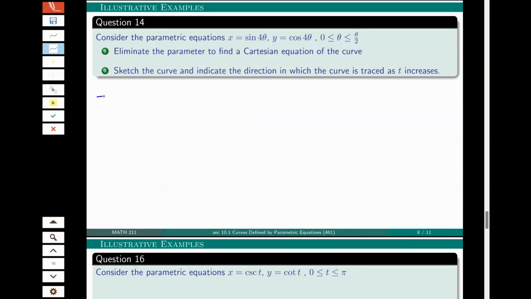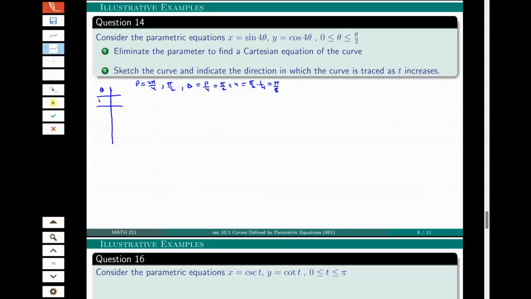If I select the key points which I described in the first slide, our beta, we said our period is 2 pi divided by 4, which is pi over 2, and we say delta is period divided by 4, which is pi over 2 divided by 4, or pi over 2 times 1 over 4, which is pi over 8.